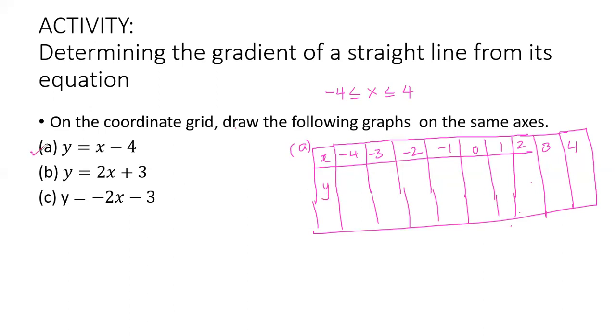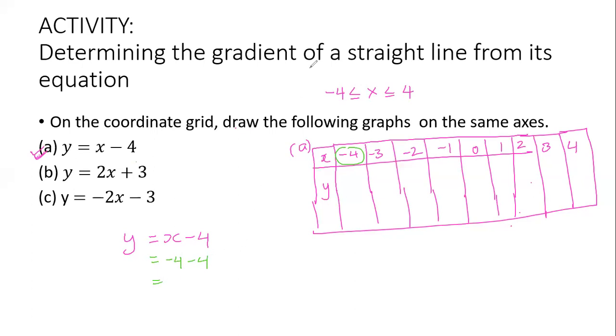I have my equation, y is equal to x minus 4. Now I'm going to come to my x values and start choosing them. The first value is negative 4. I'll come to my equation and put it in, so I'll have -4 minus 4.